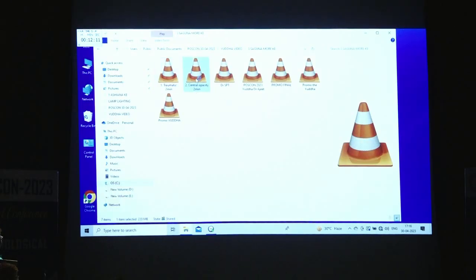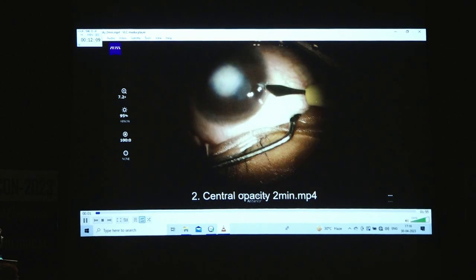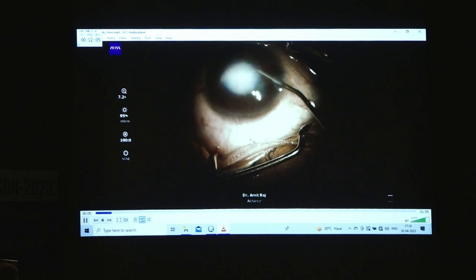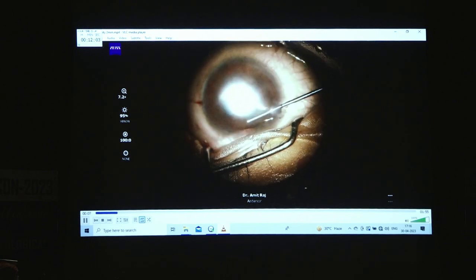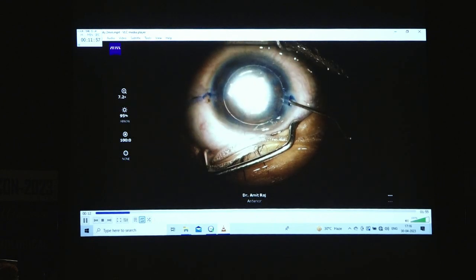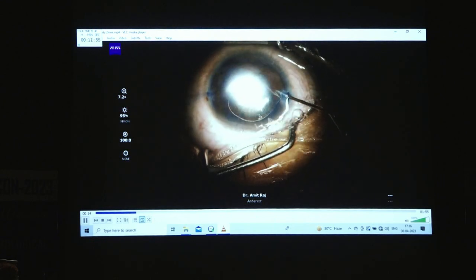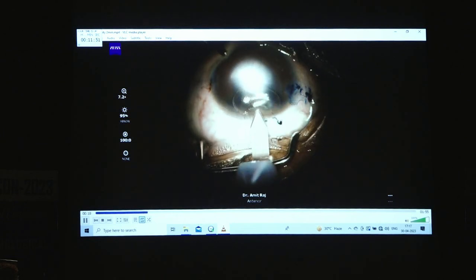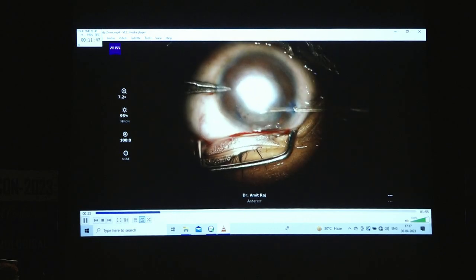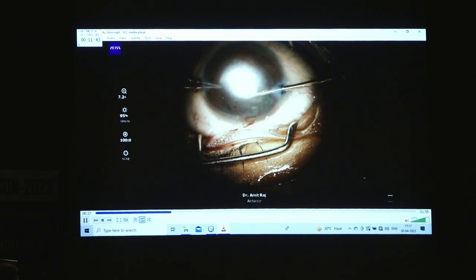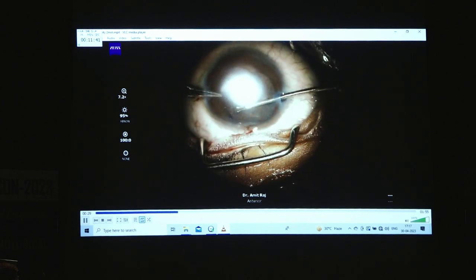Second case, again a pediatric traumatic cataract with opacity. In these cases, we can't wait for a triple procedure, so I have taken this patient for surgery after capsular staining. Rhexis was started from the clear area, but at this moment I got stuck.